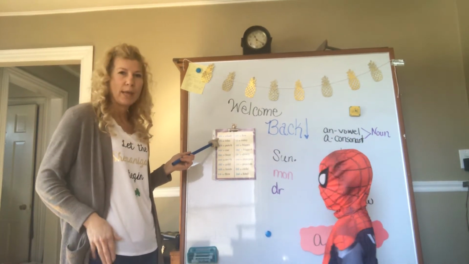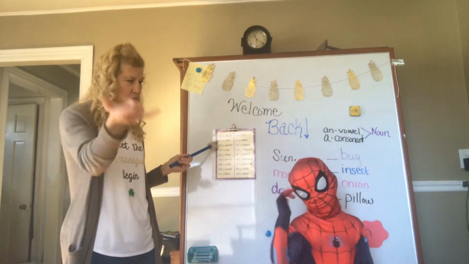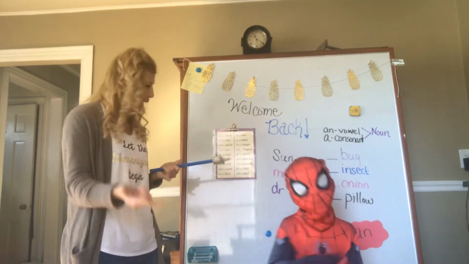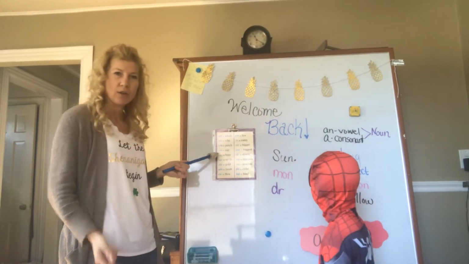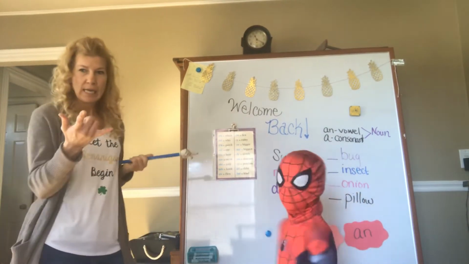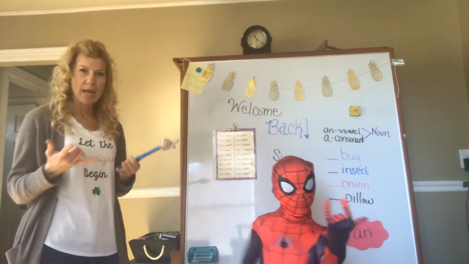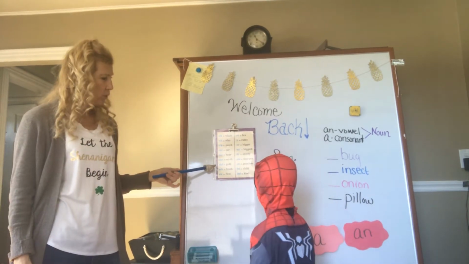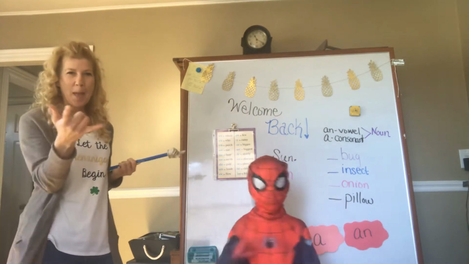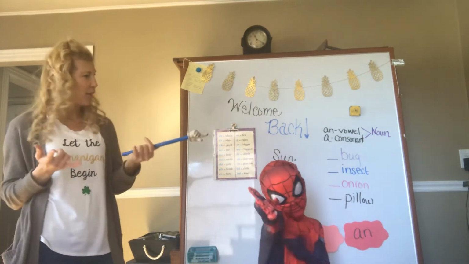Wh in whale, W-H. In who, W-H. Tch in patch, T-C-H. Ear in ear, E-A-R. Air in bear, E-A-R. Ear in earth, E-A-R. Old in gold, O-L-D. Mb in lamb, M-B. Oo in flu, E-W.